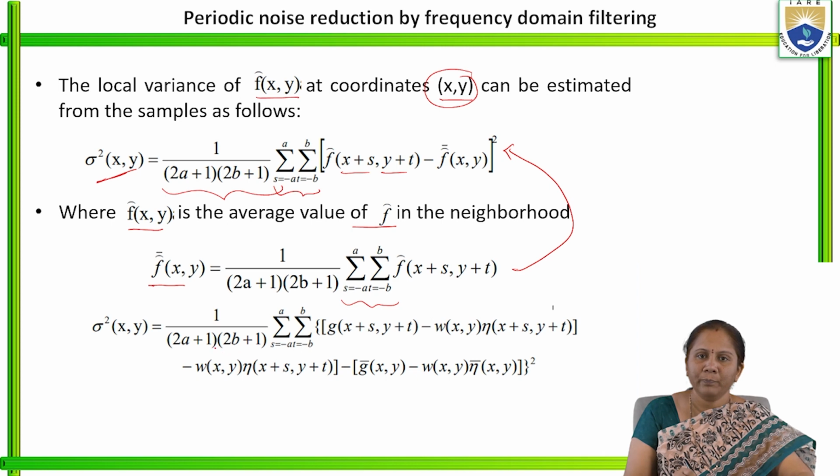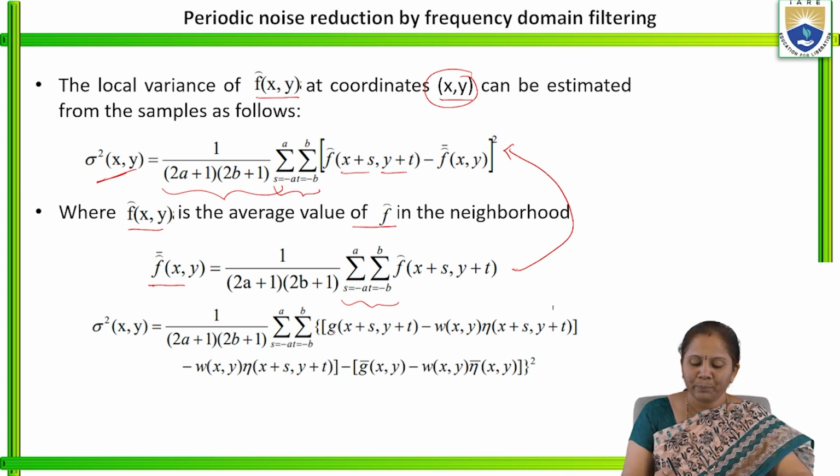Sigma square(x,y) is equal to 1 by (2a plus 1) into (2b plus 1), sigma s equals minus a to a and t equals minus b to b, of [g(x plus s, y plus t) minus w(x,y) eta(x plus s, y plus t)] minus [g dash(x,y) minus w(x,y) eta dash(x,y)], whole square.